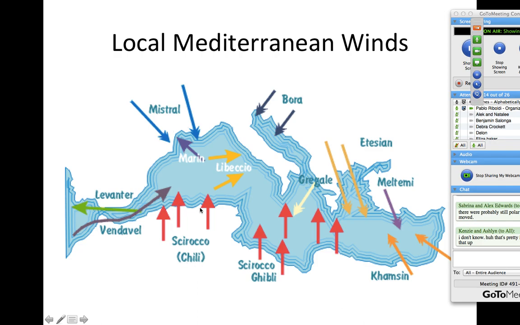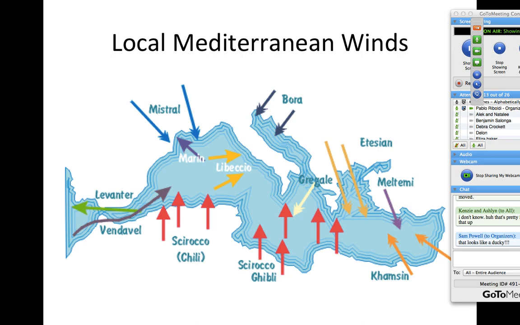There are mainly some winds that come from the north and bring colder weather through the Mediterranean coast. And then, as you can imagine, there are some winds coming from the Sahara Desert that bring very hot winds, very hot weather there, okay?